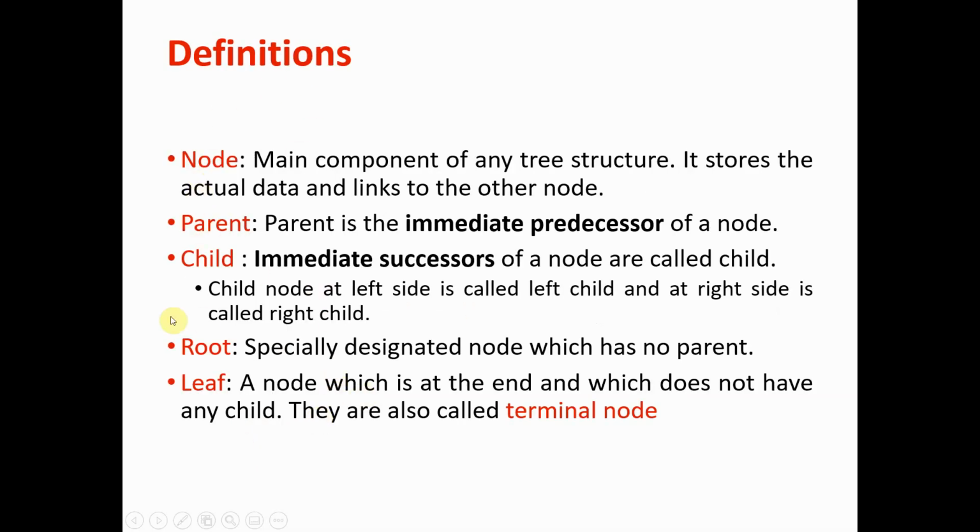Some of the definitions that we saw before. A node is the main component of any tree structure. It stores the actual data and is linked to the other nodes. Parent is the immediate predecessor of a node. Just be careful that later on we use this term for another application and it has a slightly different meaning, right?